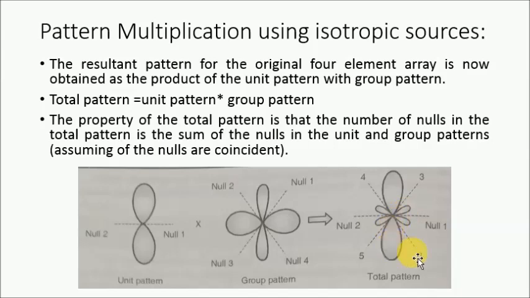So before drawing the total pattern, remember to count the number of nulls of the unit pattern and group pattern. Plus, first draw the nulls and then draw the maxima. This is going to multiply, so it will be maximum. This is going to multiply, so this will be maximum. And in between these dotted lines, in between the nulls, draw the side loops.